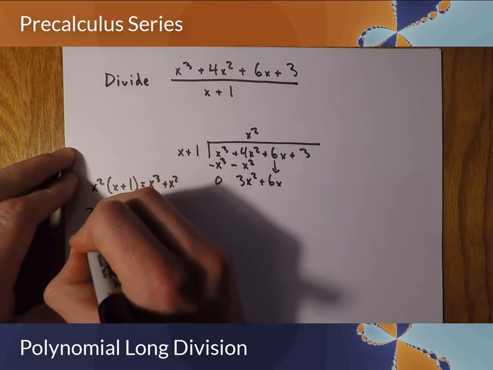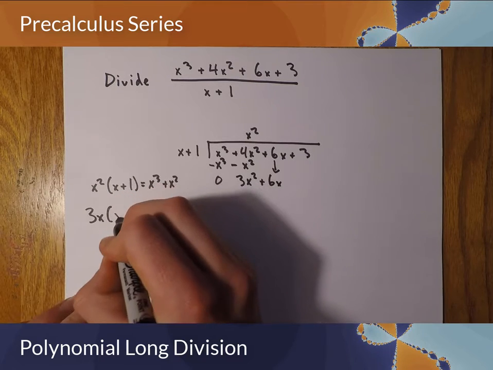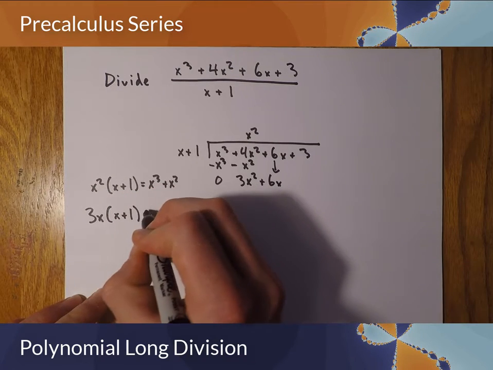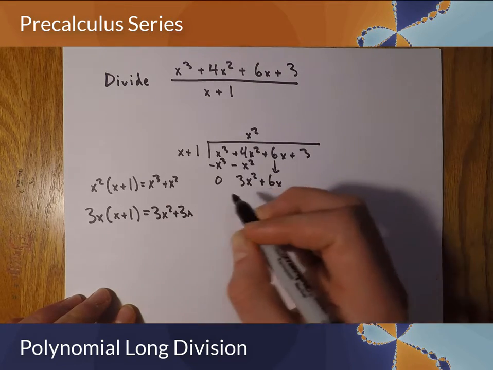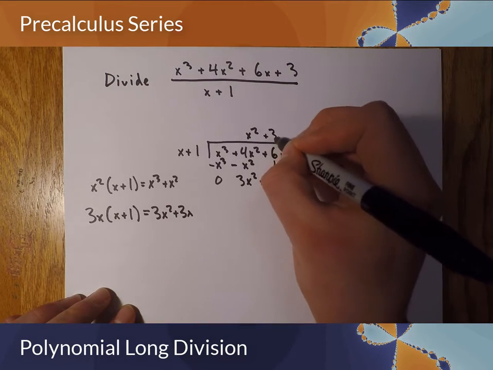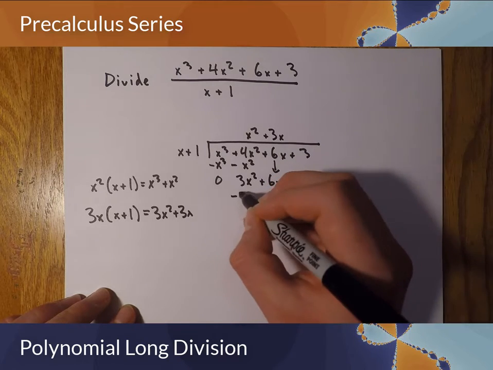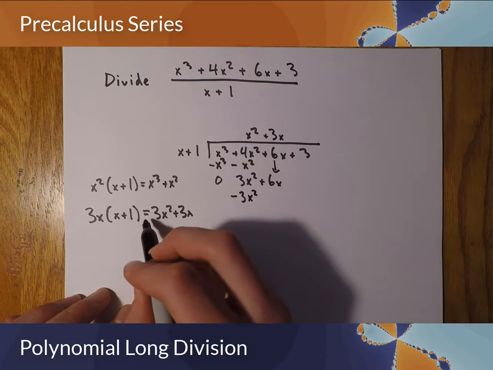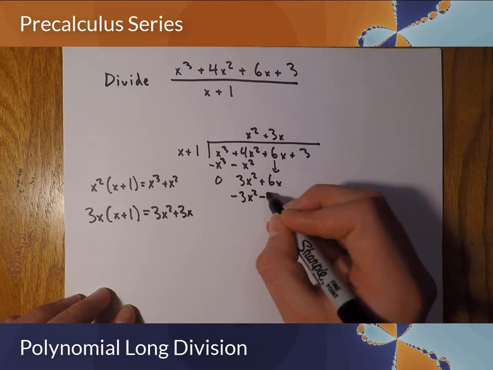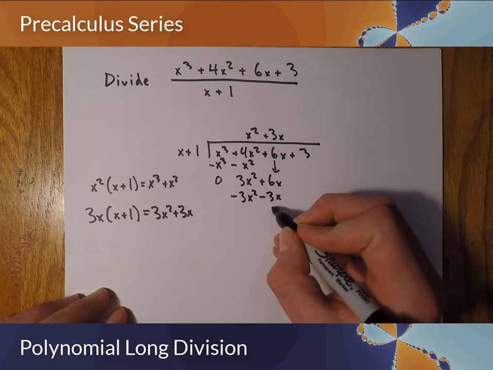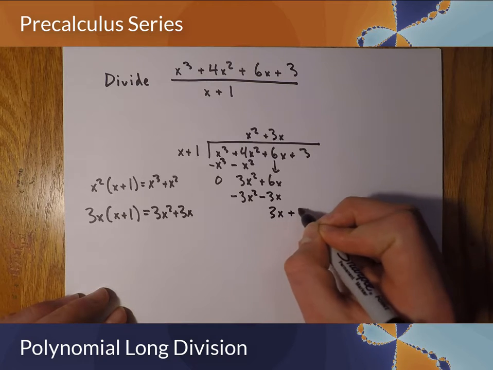So we're going to multiply this whole thing by 3x, so we have 3x times x plus 1, and that equals 3x squared plus 3x. And look, that'll cancel out. So we're going to put 3x up here, and then subtract it by this term. So we have negative 3x squared minus 3x. And so now what we're left with is 3x plus 3.